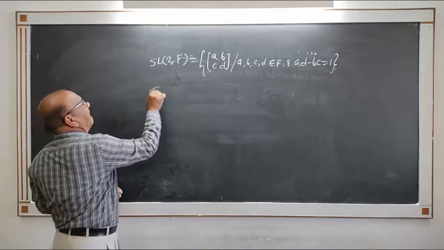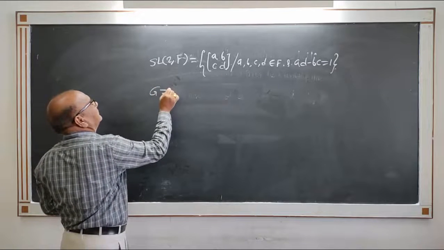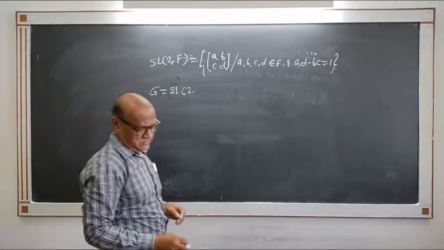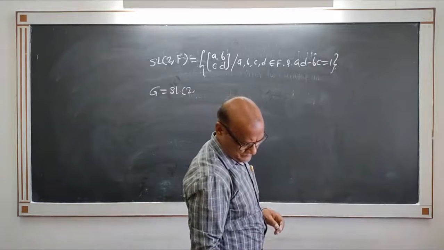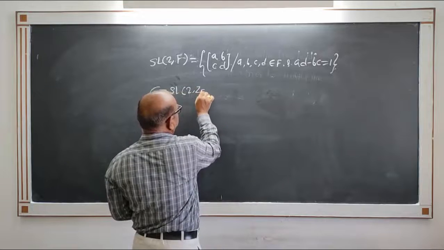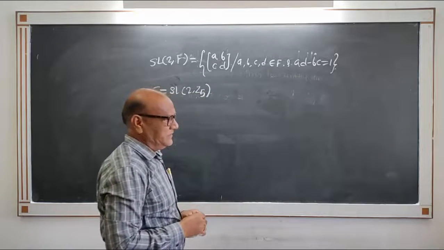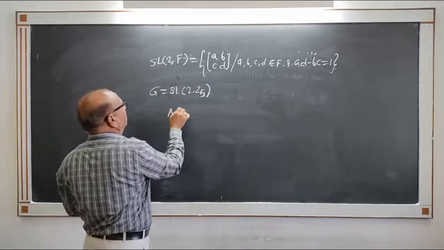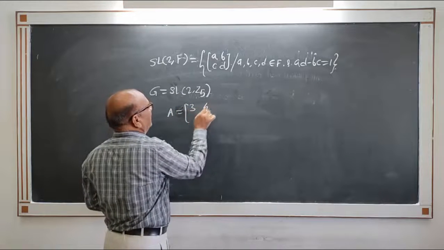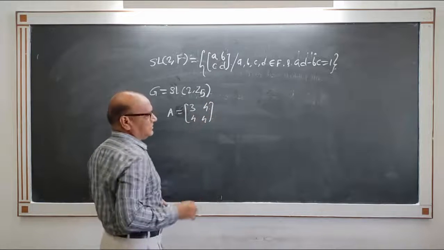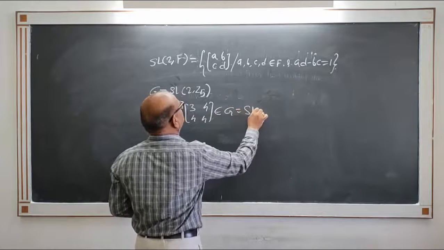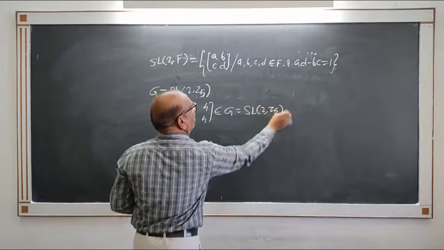Here, G is equal to SL2 Z5, where Z5 is a field. A is equal to the matrix 3, 4, 4, 4, which belongs to this G, that is SL2 Z5.